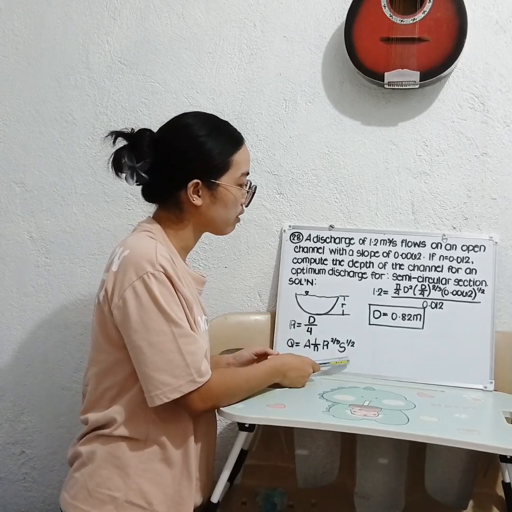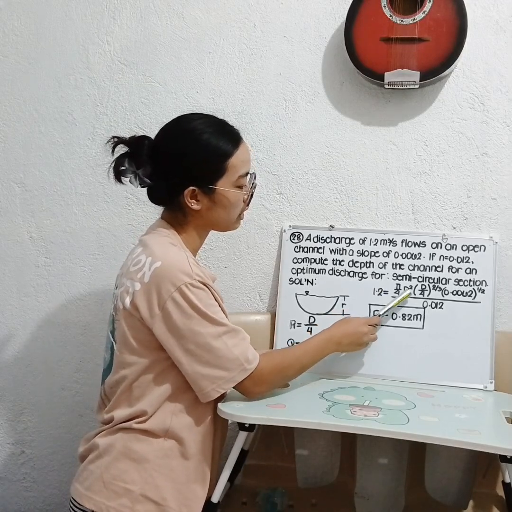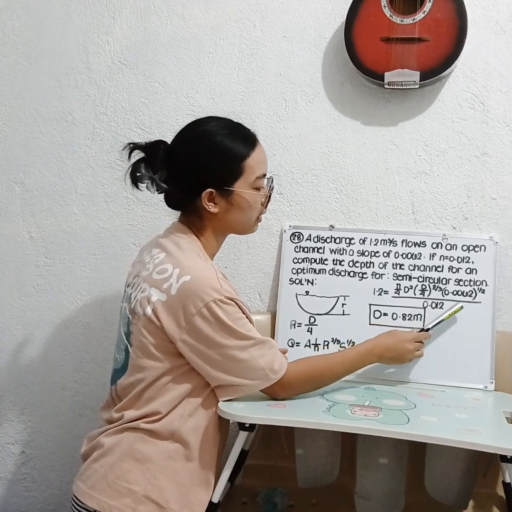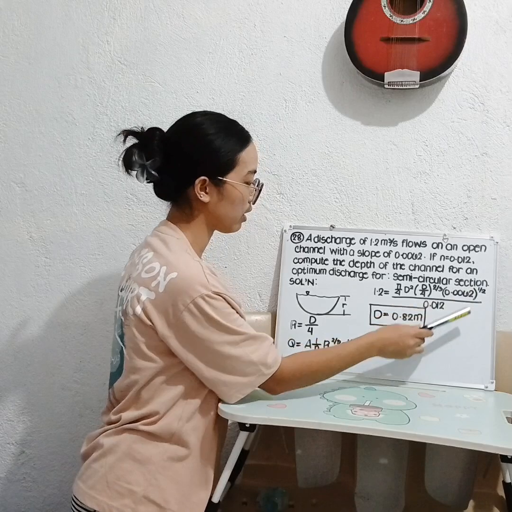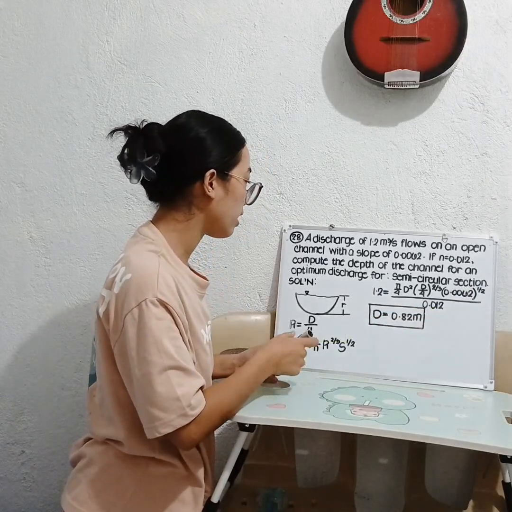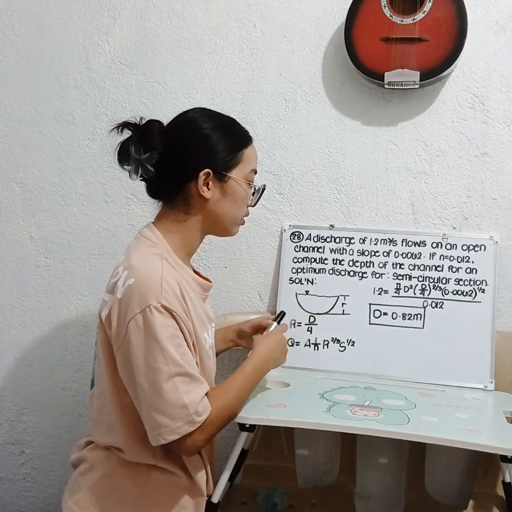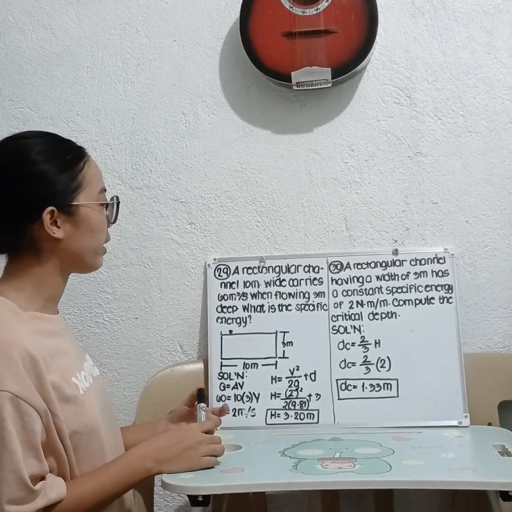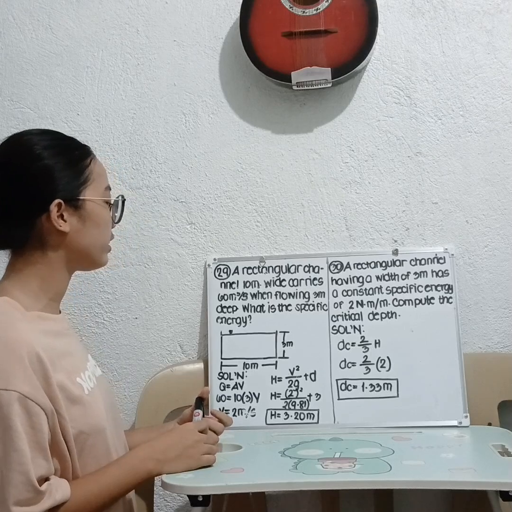Then substitute the given. We have 1.2 is equal to pi over 4 d squared times d over 4 raised to 2/3, and our slope of 0.0062 raised to 1/2 over 0.012. We get the depth of 0.82 meters.